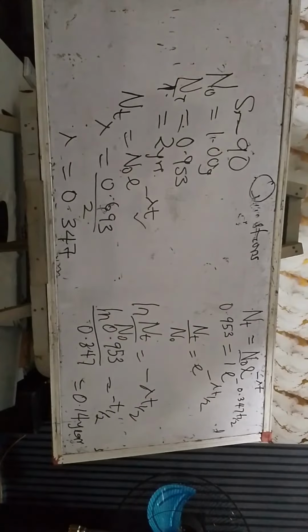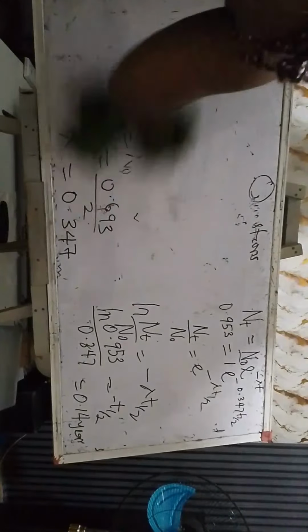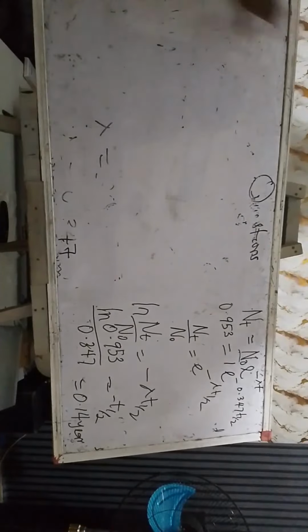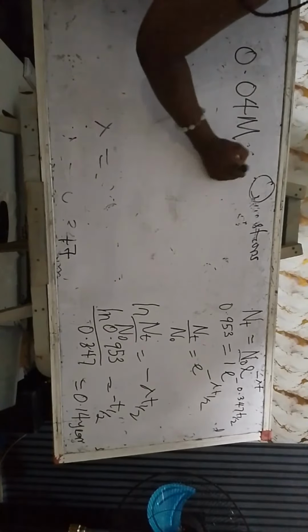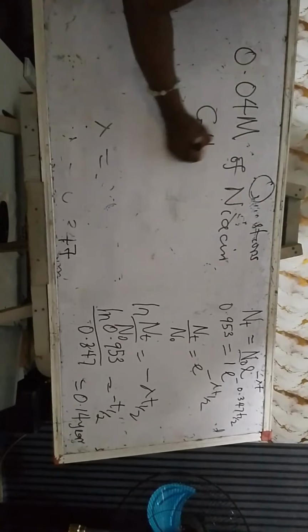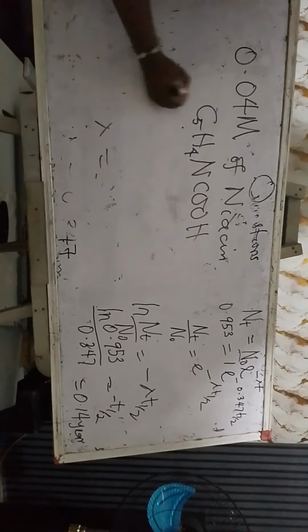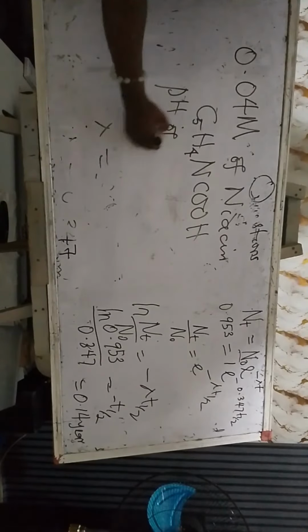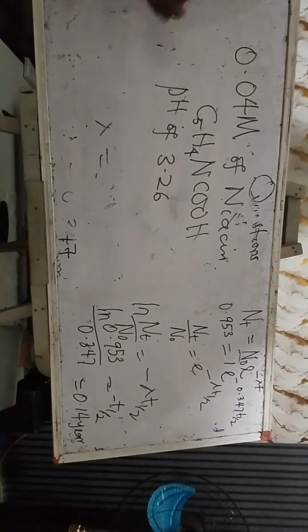So let's look at it together. It says 0.04 molar solution of niacin, and I said the formula is C5H4NCOOH. Has a pH of 3.26.